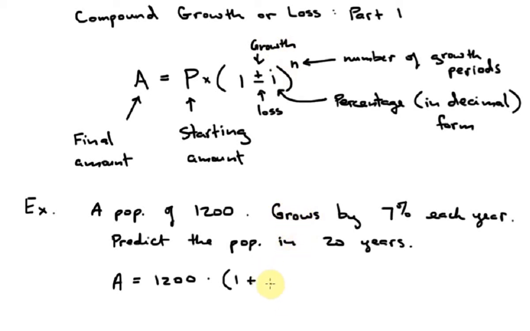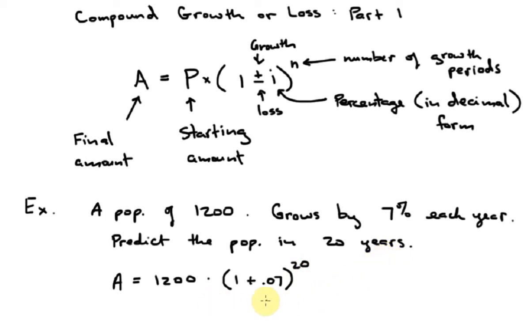Now 7% in decimal form is 0.07. Just think of 7%, which means 7 over 100. And then I have to raise it to the number of growth periods. It grows by 7% each year, and we're asking what the population is in 20 years, so it has gone through 20 growth periods. Each growth period happens to be 1 year.